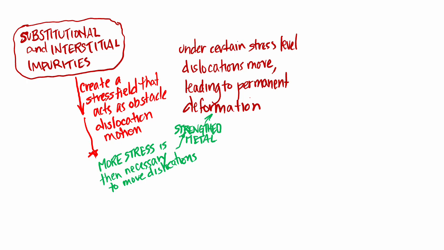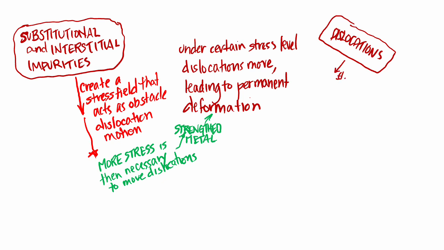So that's what happens with the substitutional and interstitial impurities. They create a stress field that makes it harder for dislocations to move. We've just talked about the line defects, which are dislocations. The process of cold work or strain hardening increases the number of dislocations.